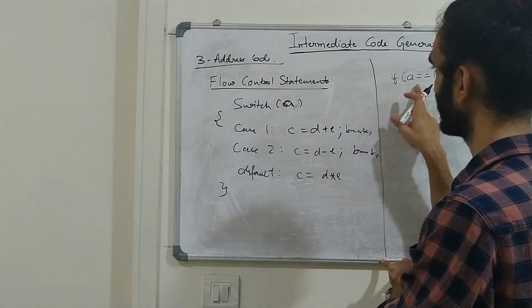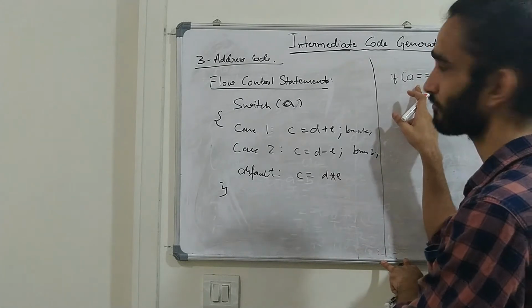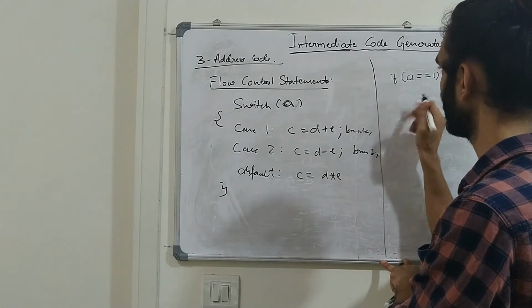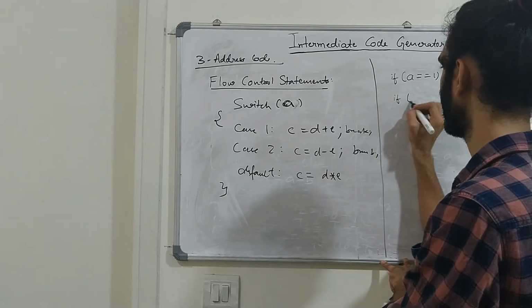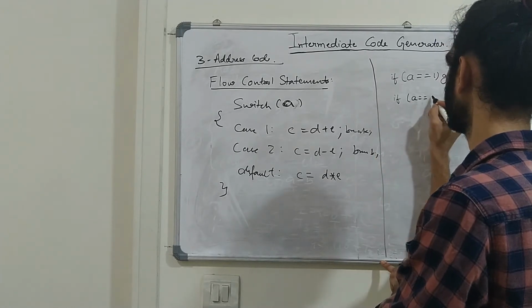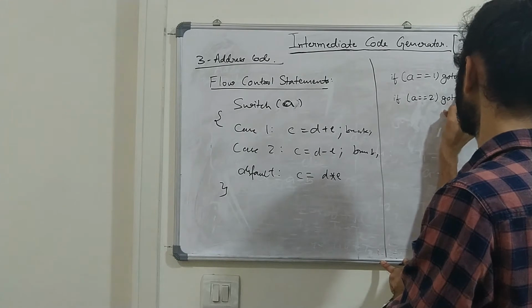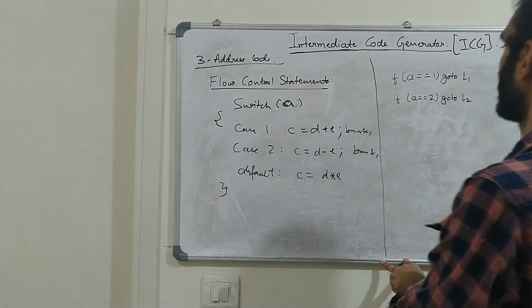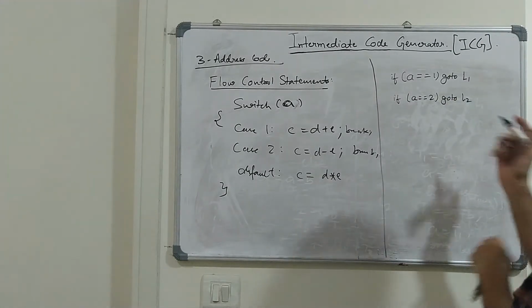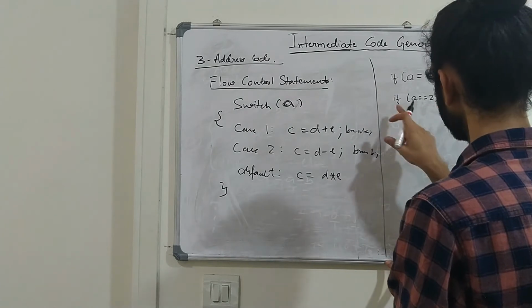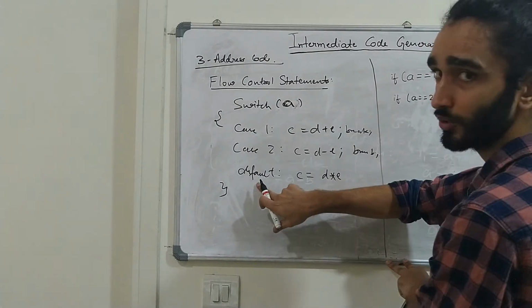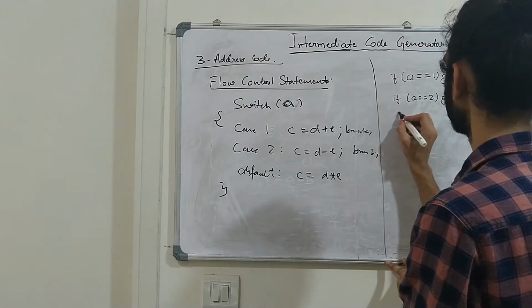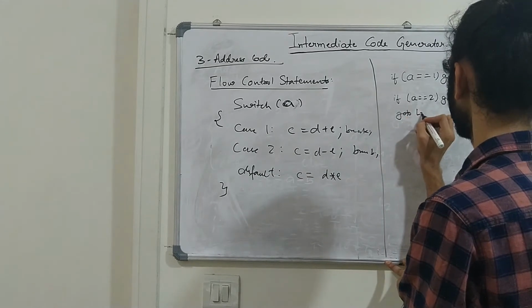If this is not true, what I need to do is check the other case: if A is equal to 2, go to L2. And if this is also not true, where I need to go is the default case, so I'm writing go to L3.